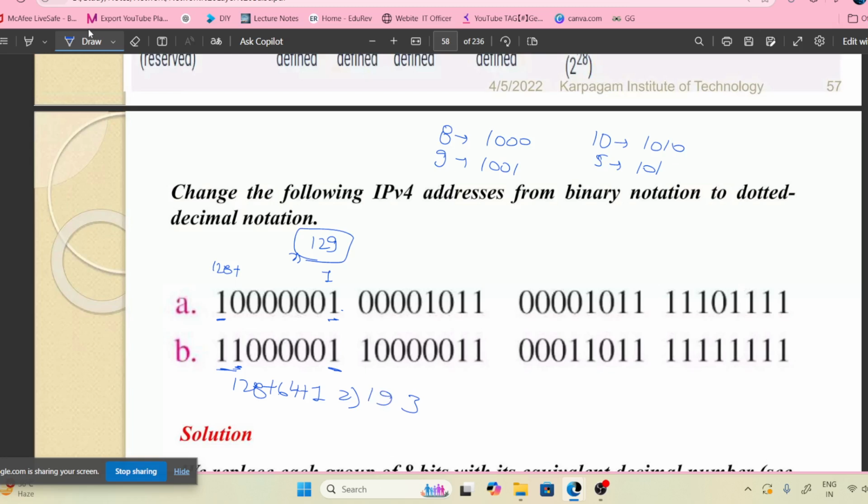We know that the range of class A is 0 to 127, so this is not class A. The range of class B is 128 to 191, so this IP address is of class B.